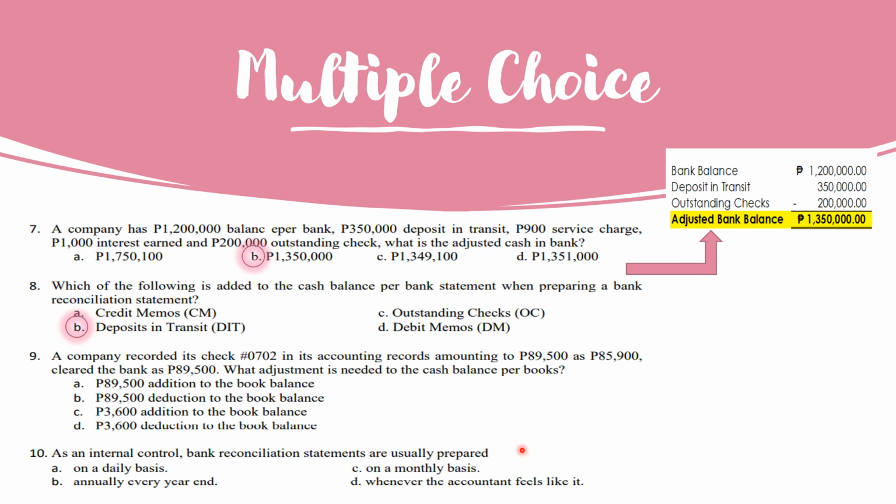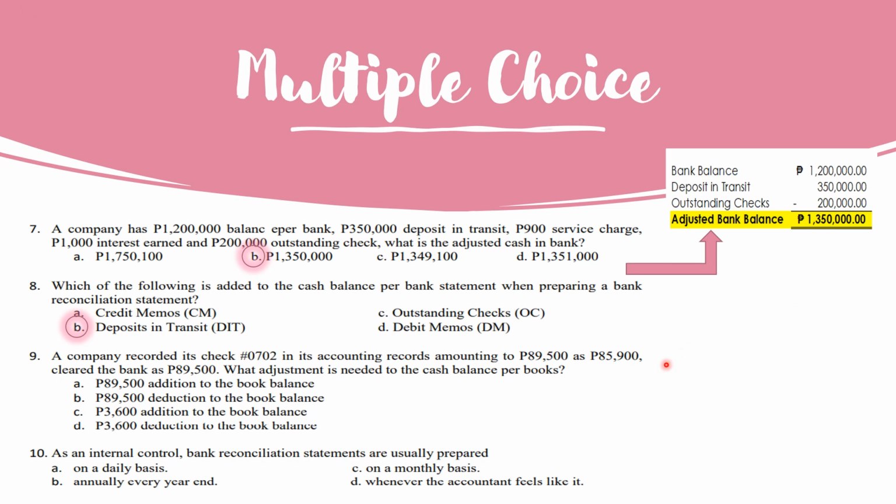Number 9. So, dito, sobrang daming nagkamali sa number 9. Diba, halos 5 lang yata, the entire 3 classes, 5 lang yung tumama. Ano ba nangyari? A company recorded its check number 0702 in its accounting records amounting to 89,500 as 85,900. So, ikaw si company, sumulat ka ng cheque, binigay mo sa supplier mo.